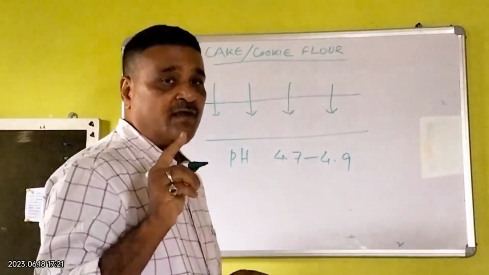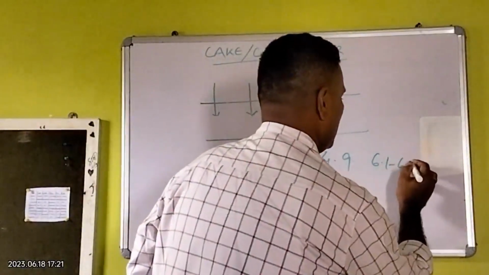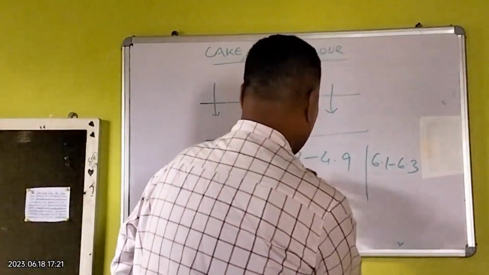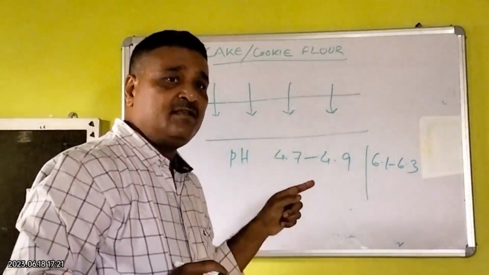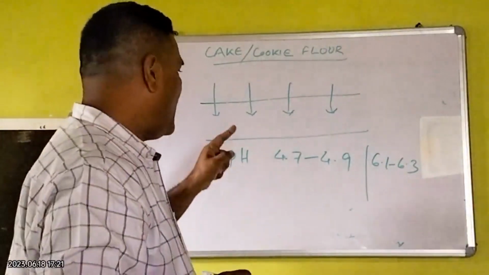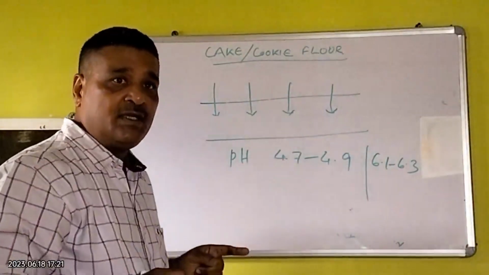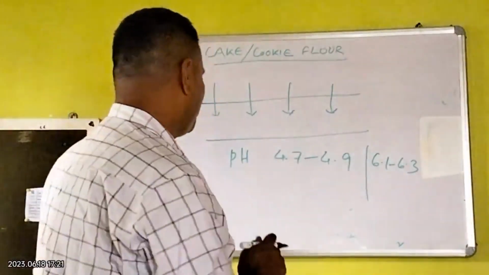Remember, our cake flour, as I discussed, was 6.1 to 6.3. So the pH has come down. What this indicates is that your cake shelf life will be higher. And since chlorine is a bleaching agent, a chlorinated flour will be white in color.